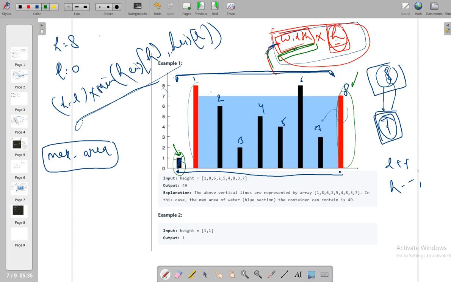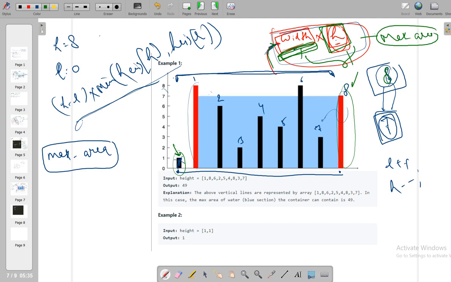What we tried initially was to maximize the width. That is why we took 8, then 7, then 6. Now by maximizing width, if we can also maximize height, then this combination, maximum width and maximum height, will surely give me maximum area.